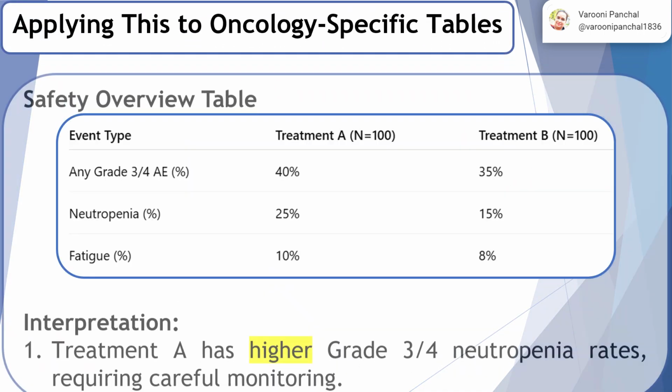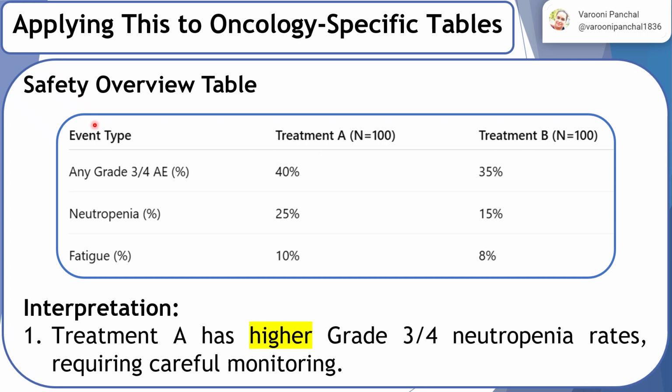Applying this to oncology specific tables. Here I have a safety overview table. I have grade 3 and 4, and these are the percentages. These are the adverse event types: neutropenia, fatigue, and adverse events grade 3 and 4. This is treatment A and this is treatment B. Treatment A has higher grade 3 and 4 neutropenia rates, requiring careful monitoring.